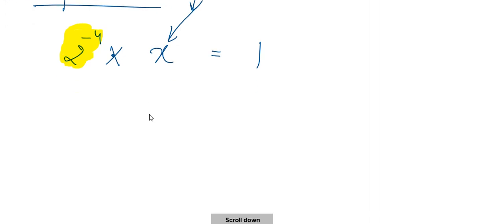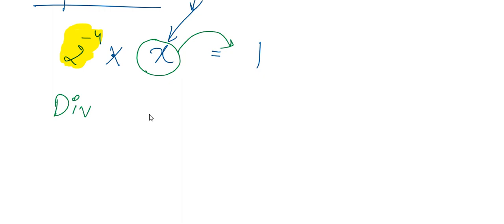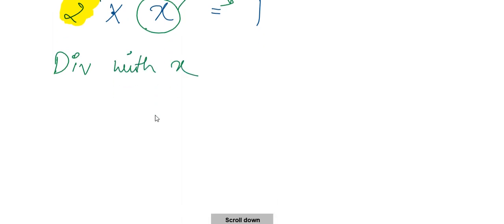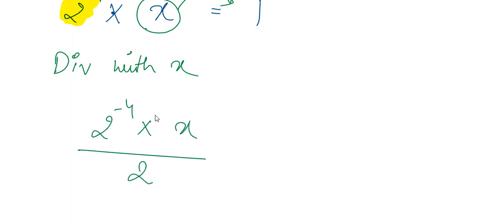So see, I have 2 raised to the power minus 4 multiplied with x here. If I just divide my equation with x, what would I get? 2 raised to the power minus 4 cross x, I would be dividing my LHS with x, and for holding the equation true, I would also divide the RHS.